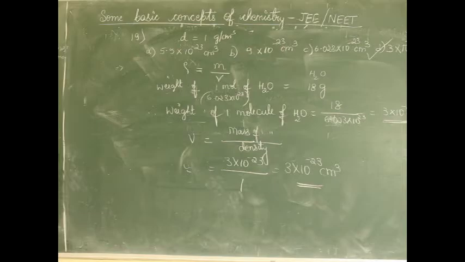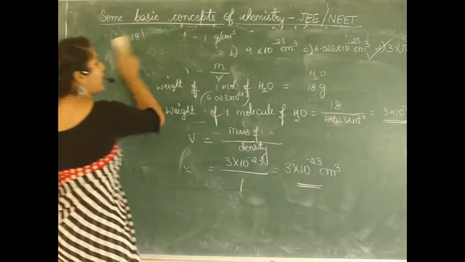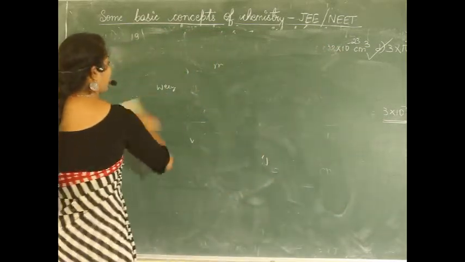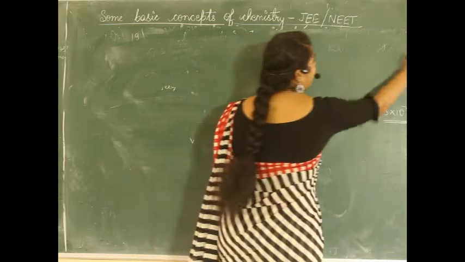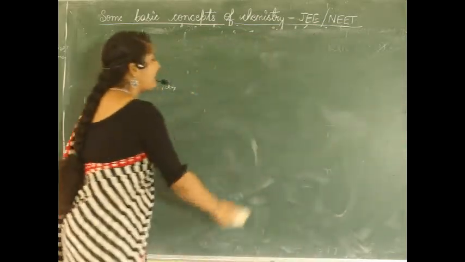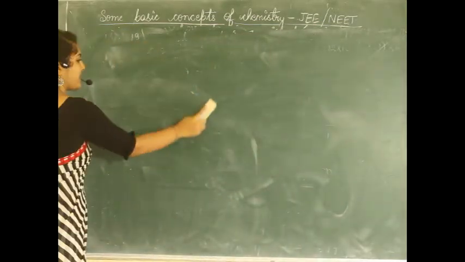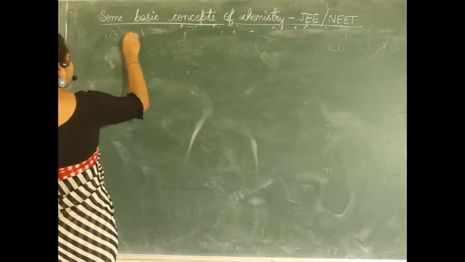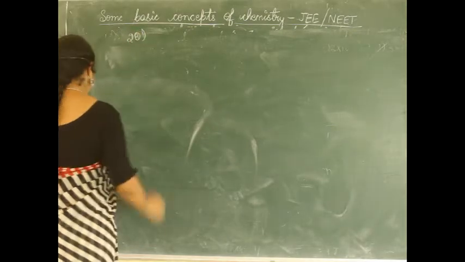Again, the next question is a very simple one, similar to the one you have solved, related to empirical formula. What is it? You will have to find the simple ratio of the elements that are given in the data. Let's see. What is the data given?